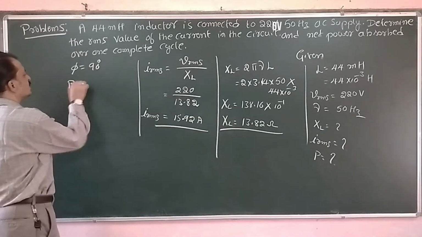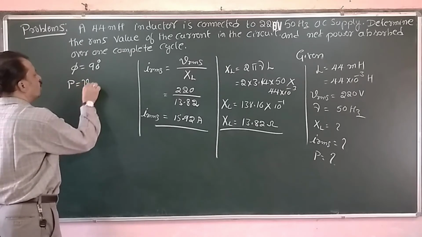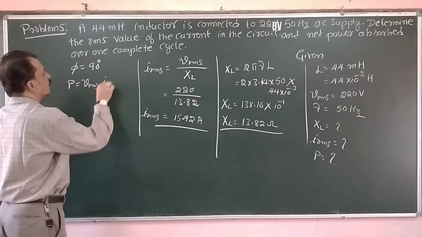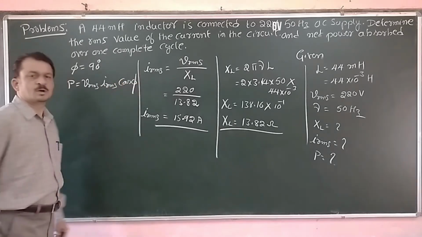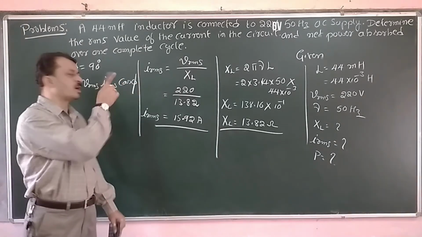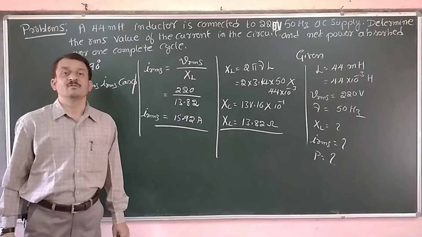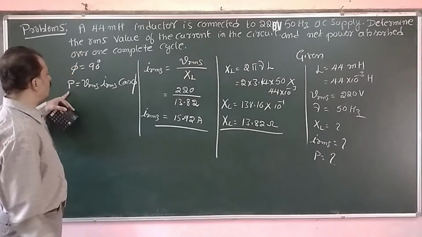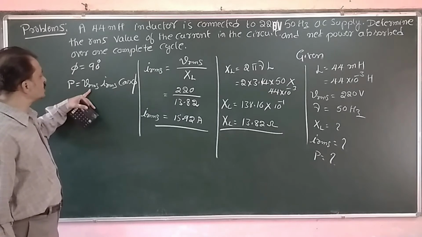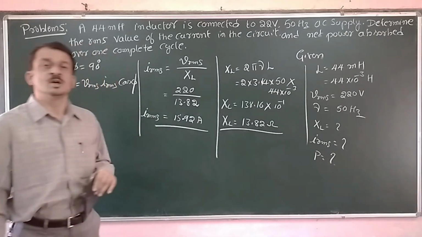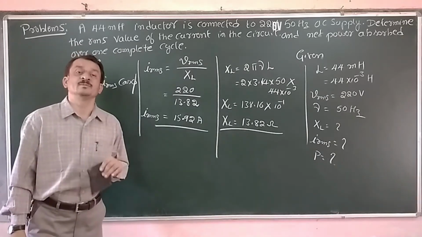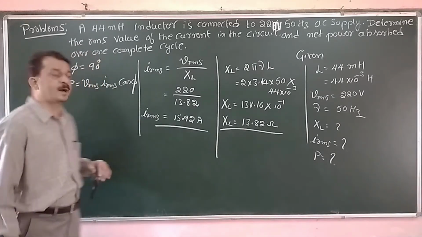Then average power dissipation is given by VRMS, IRMS along with the term cos phi. That term we have called the power factor. That means power dissipation not only depends on the voltage and the current, but it also depends on the cosine of the angle between the voltage and the current.